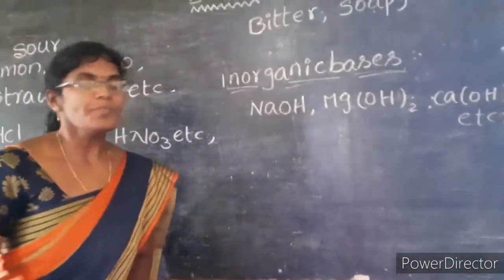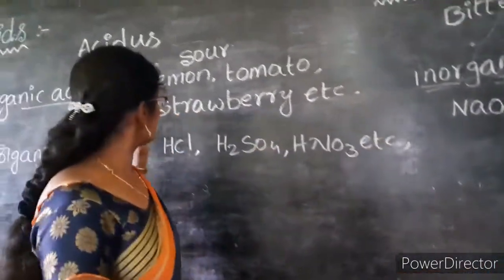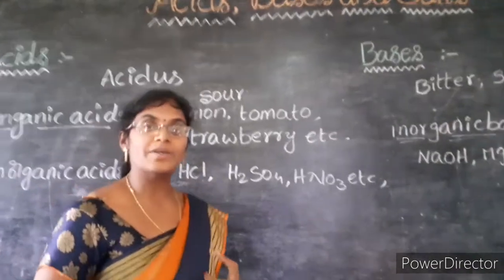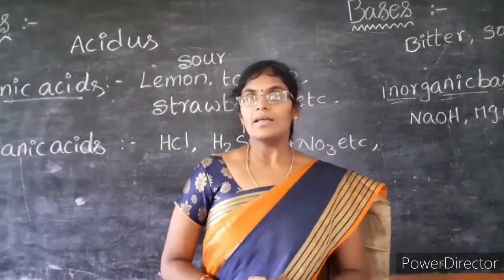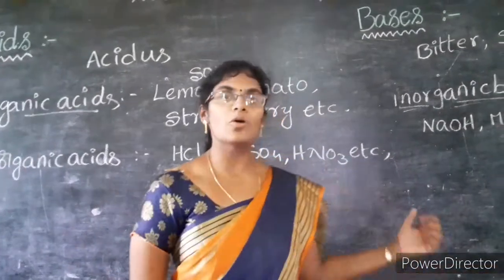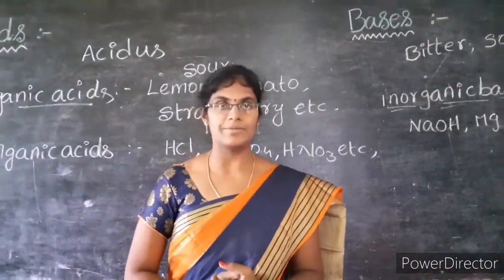Okay, so generally organic acids or organic bases are very easy to identify by their tastes, but it is difficult to identify the inorganic ones because we can't taste them.